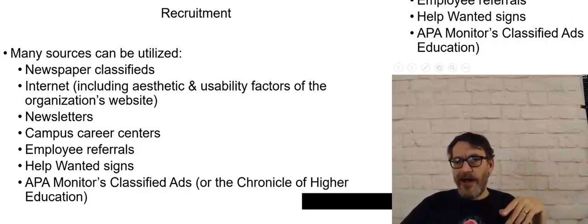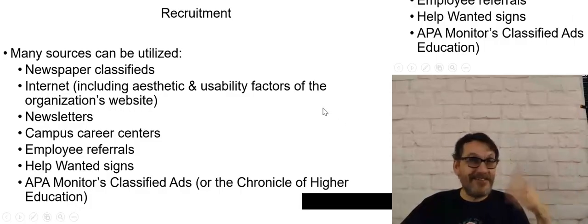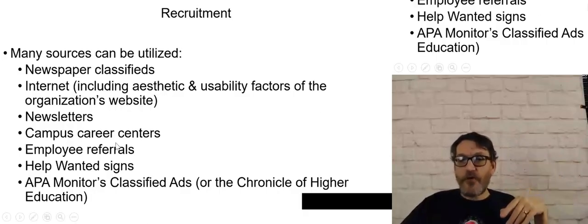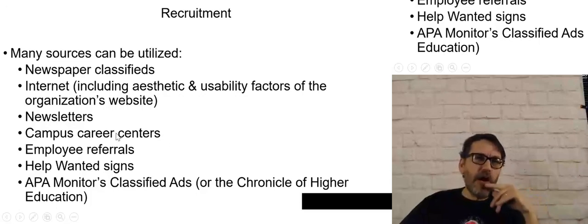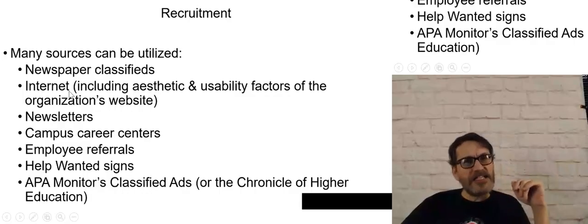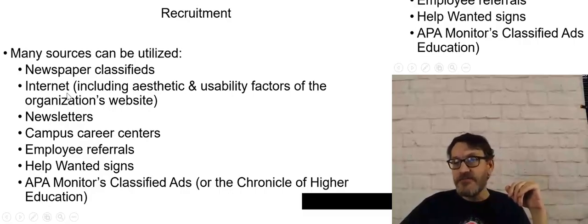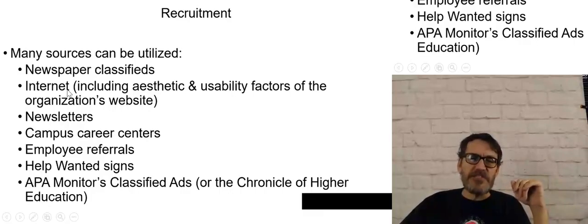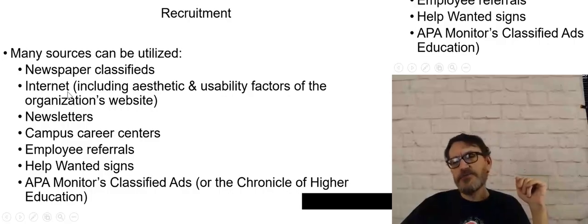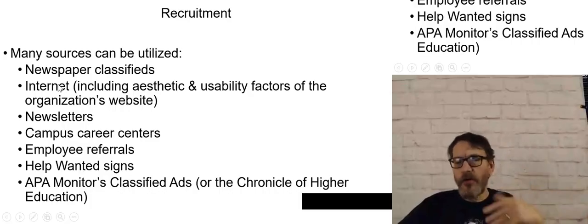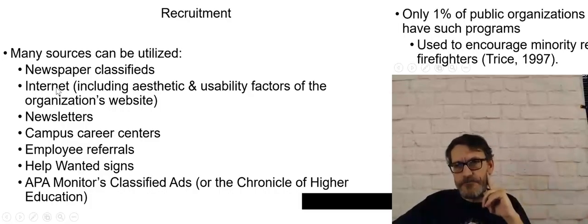Or I guess help wanted signs are still used. I see them around. Employee referrals, but in psychology, often the most common would be the APA Monitor has classified ads still, or even the Chronicle of Higher Education. The APA would be much more specific to just psychology jobs, whereas the Chronicle of Higher Education would be broader for all academic positions. Okay.